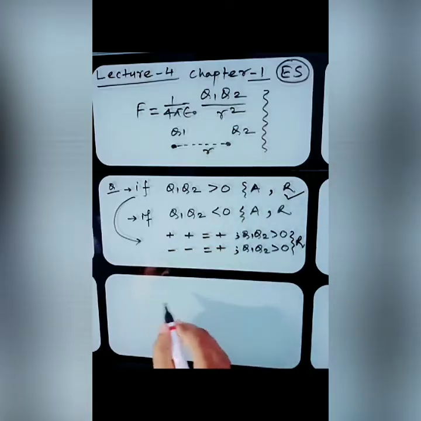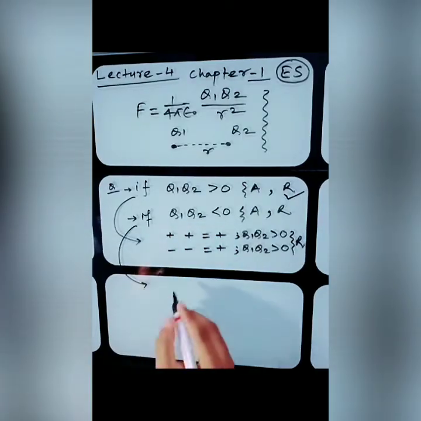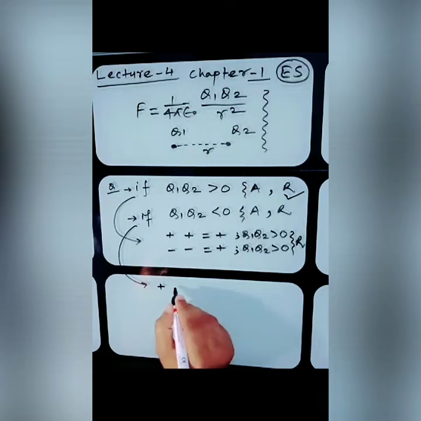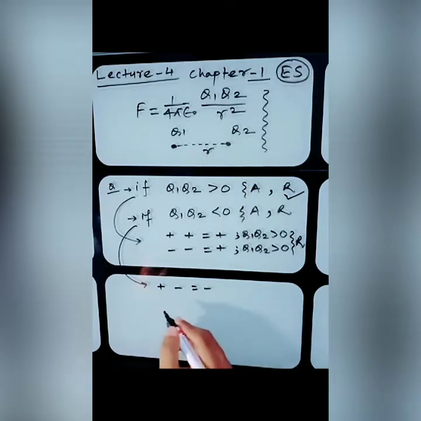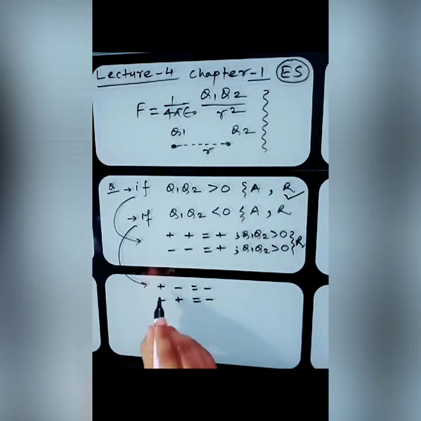Now the second one. If Q1 is positive and Q2 is negative, then only can we have the product negative, or Q1 is negative and Q2 is positive. In both cases you can see the charges are unlike charges.